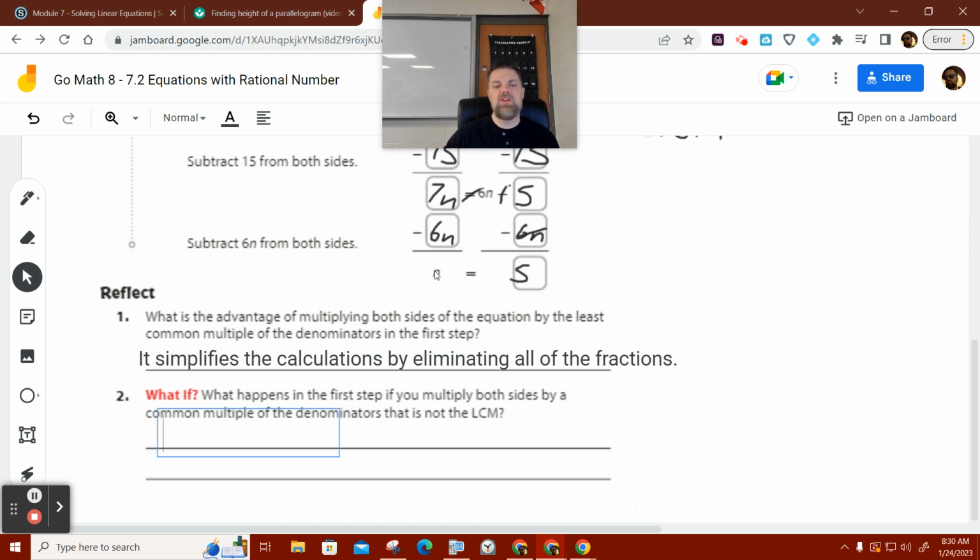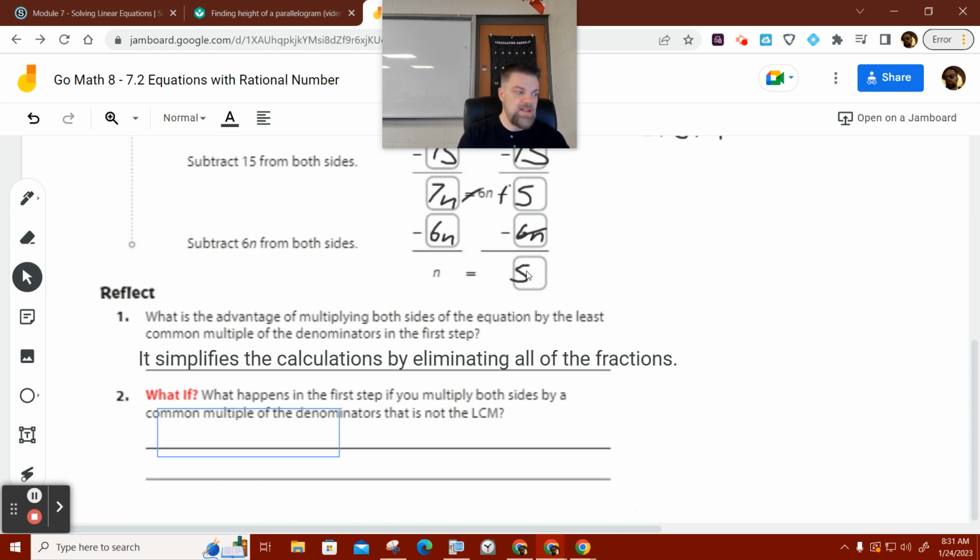Well, the answer would still be n equals 5, but now my coefficients would be really big. They'd be multiplied by a factor of 10. So it'd be 70n minus 60n equals 50. And then you get 10n equals 50, divide by 10. You'd still get n equals 5, but they're really big.